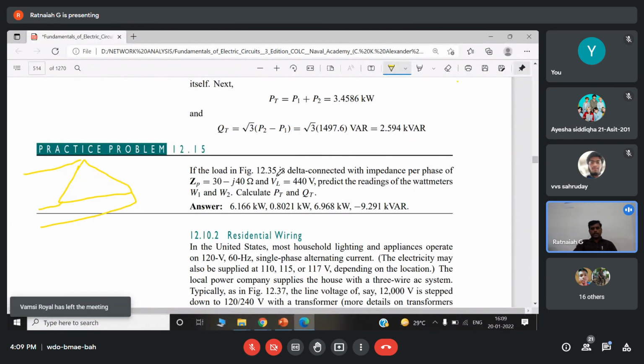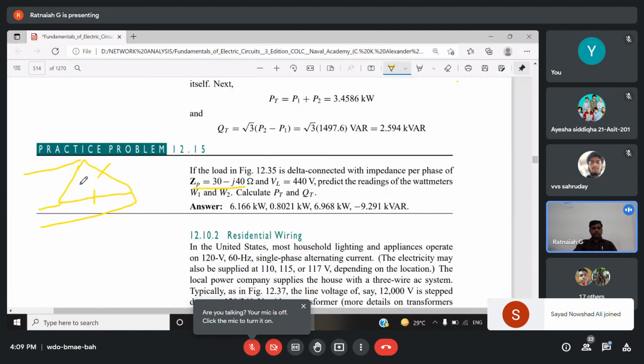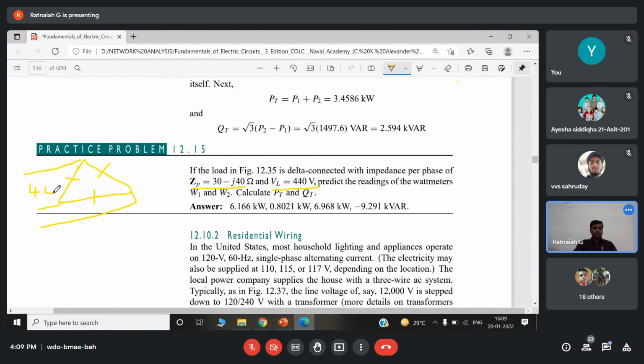So what is the given data? Per phase impedance is 30 minus j40 ohms. So this impedance and this impedance are 30 minus j40 ohms. The line voltage is 440 volts. Now predict the readings of the two wattmeters W1, W2.